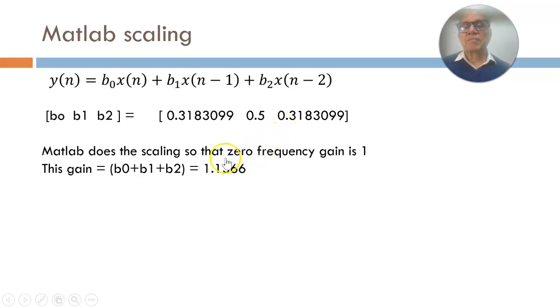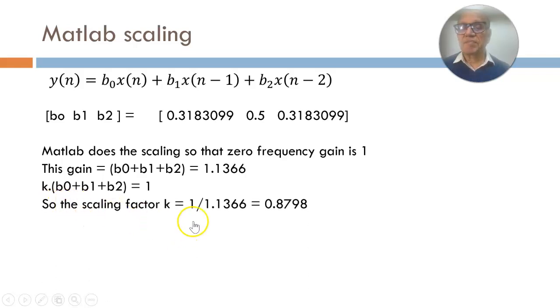But what MATLAB does is it scales each value so that the final zero frequency gain that you get is unity. So that means k into (B0 plus B1 plus B2) is equal to 1. You can find the value of k because B0 plus B1 plus B2 is known to be 1.1366, so k is 1 upon 1.1366.